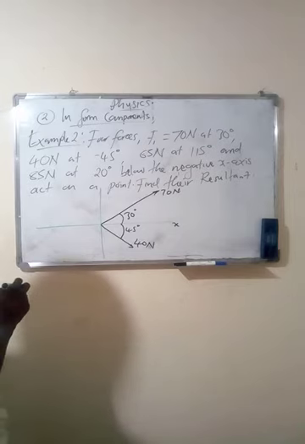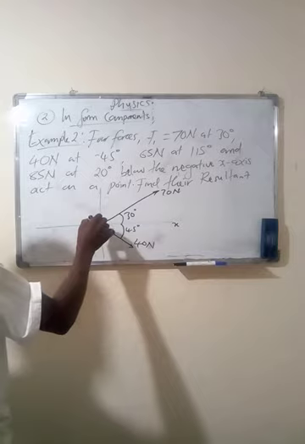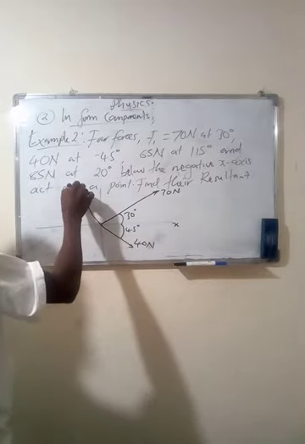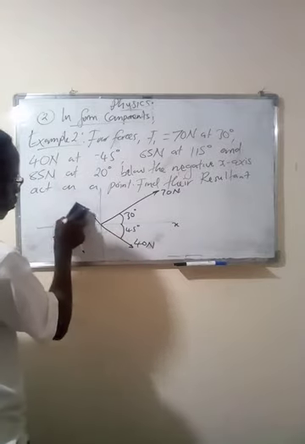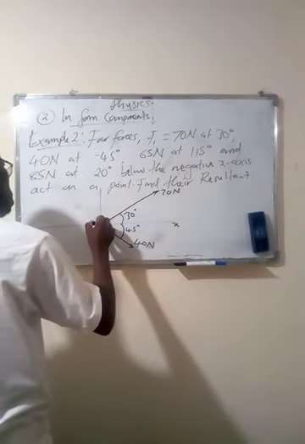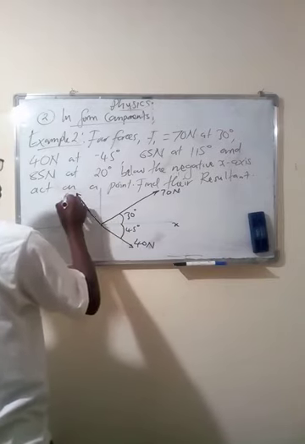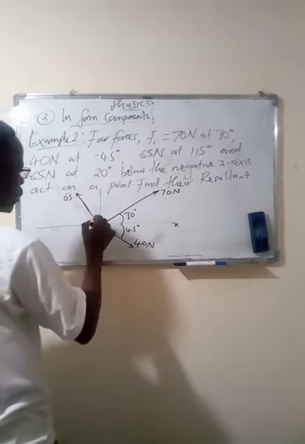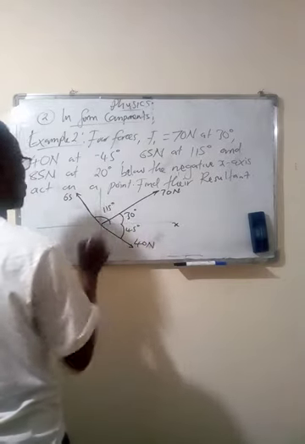Then we also have 65 newtons at 115 degrees. So 65 newtons is going to be somewhere here. Let me just draw that properly. Okay, so 65 newtons somewhere here at 115 degrees.